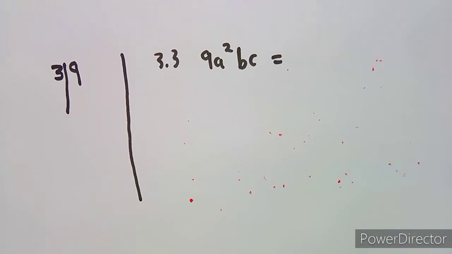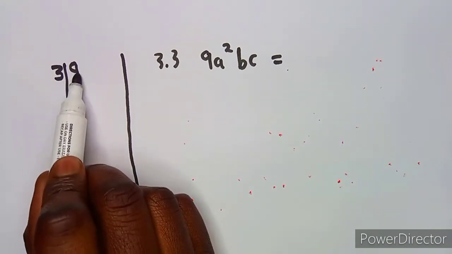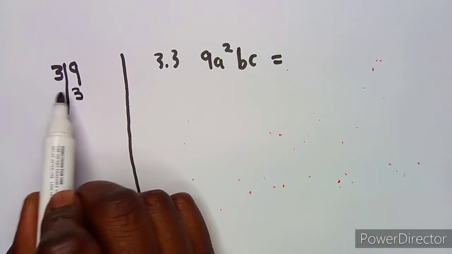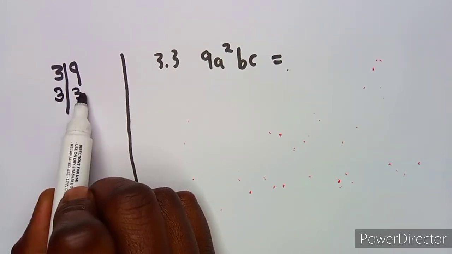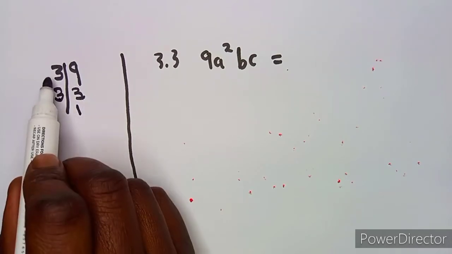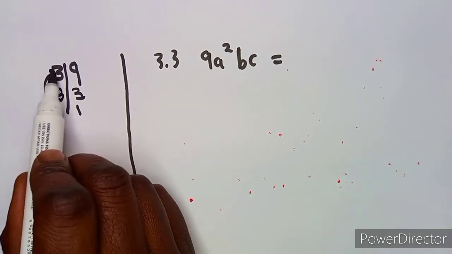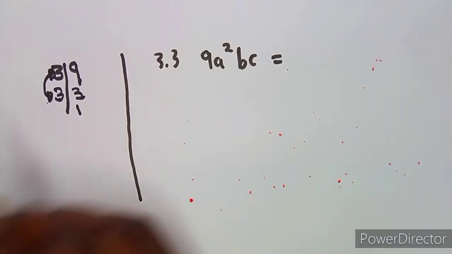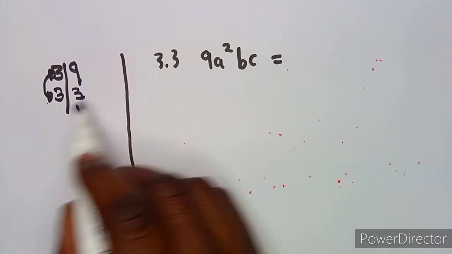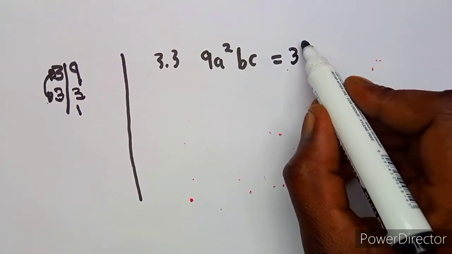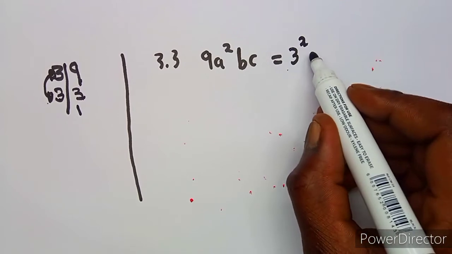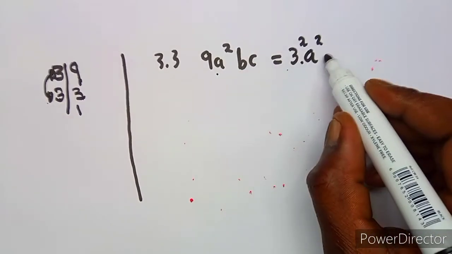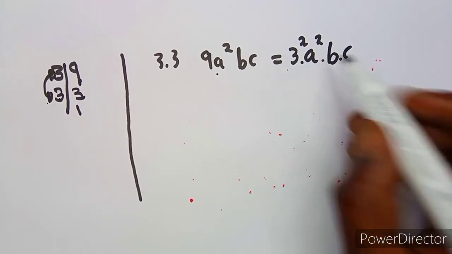Start with the prime factor, which is 3. 9 divided by 3 is 3. The prime factor that you can divide 3 by is 3 again. So 3 divided by 3 is 1. So as you can see, 3 times 3 is going to give us 9. So 3 times 3 is the same thing as writing what? As 3 squared. So I can write this as 3 squared times a squared times bc. So you can just write it like this.